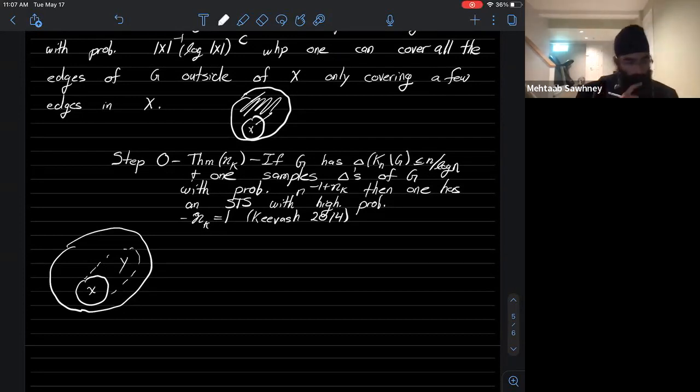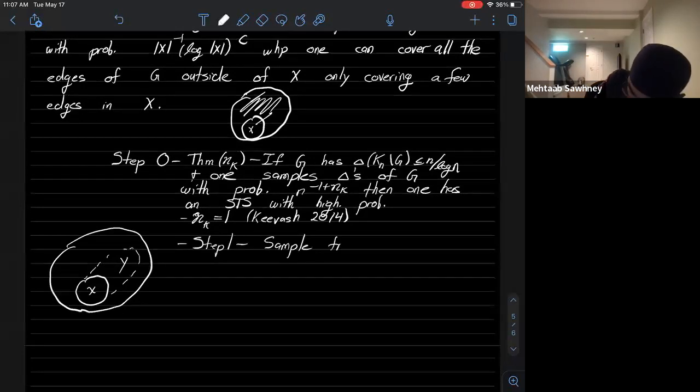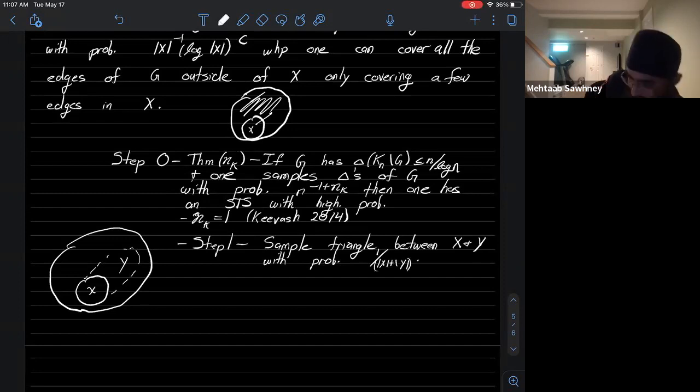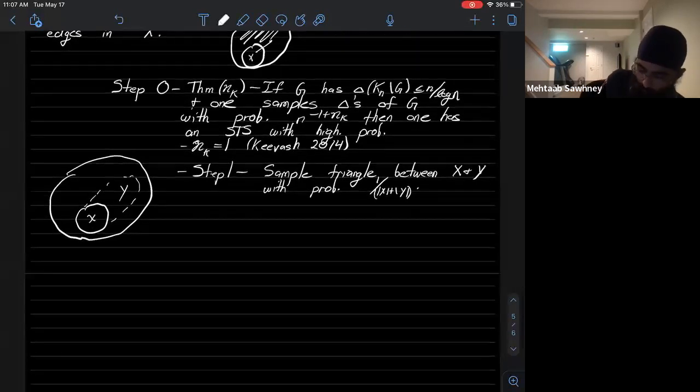Step one: I'll sample triangles between X and Y with probability 1 over the size of X plus the size of Y. I'll explain where this probability comes from later. And keep the edge-disjoint ones.